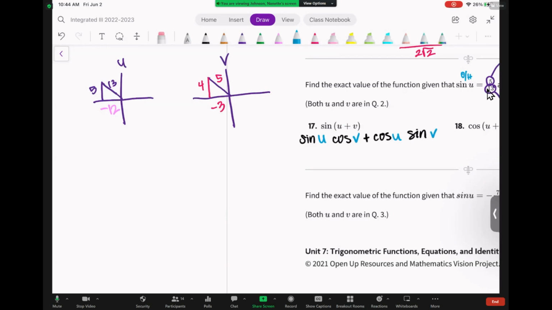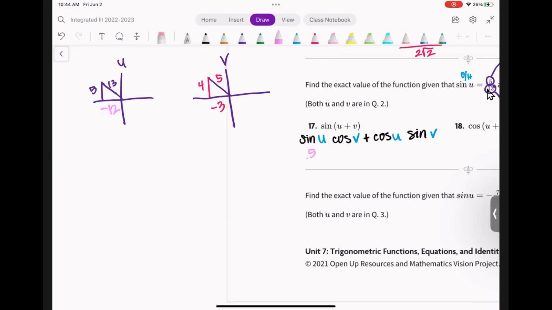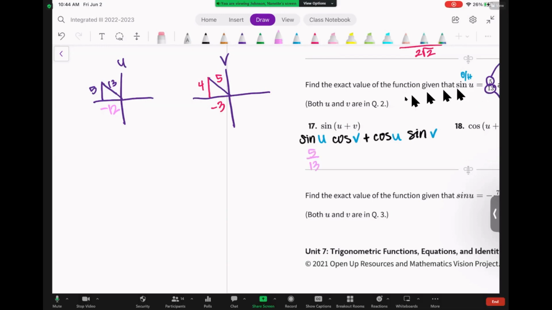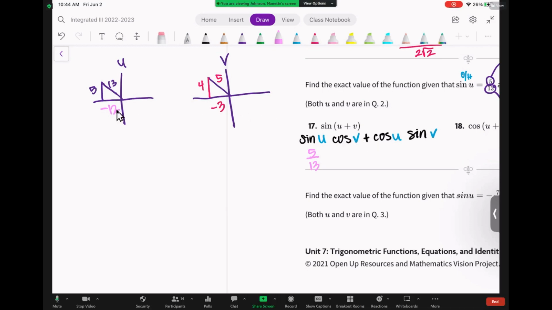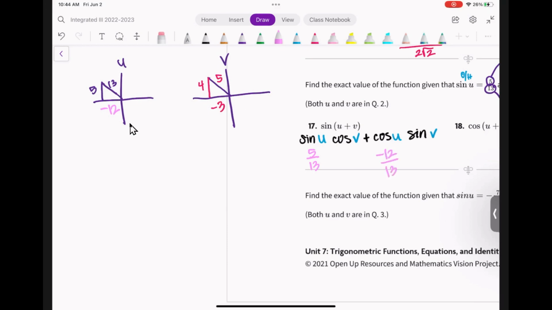So I'm just going to fill that out. Here's 5 over 13. And then I also want to find the cosine of u for the second part of that term. So I'm going to go negative 12 over 13 because cosine is just adjacent over hypotenuse. Okay, and I'm going to keep that plus there because that's what's there.